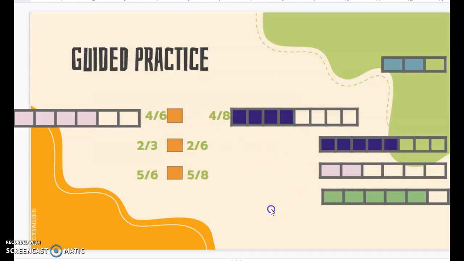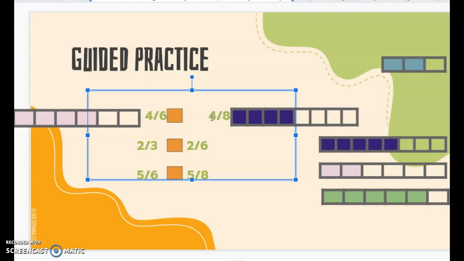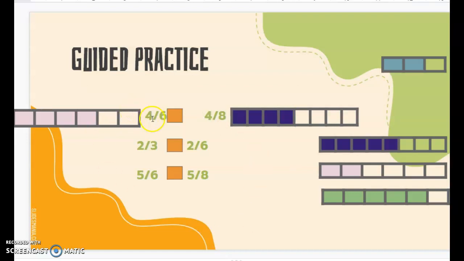Okay. So if we look at our models, we have 4/6 of the model shaded to represent 4/6, and we have 4/8 of the model shaded to represent 4/8. As you can see, 4/6 is closer to one whole than 4/8.